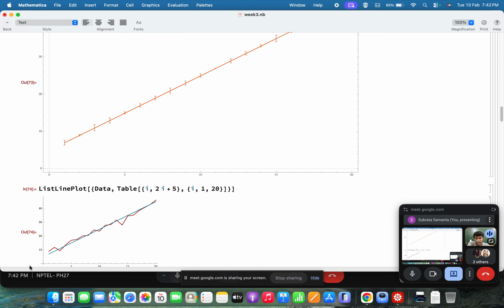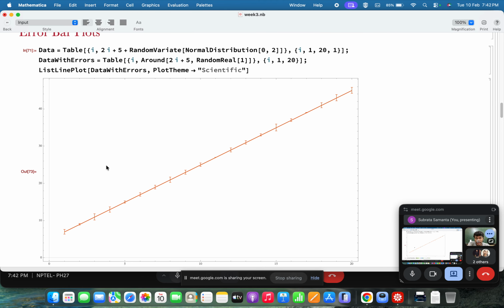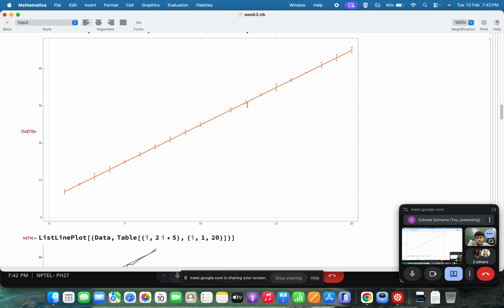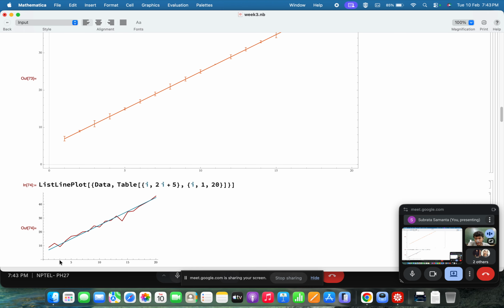So this is the data and this is 2x plus 5, and I calculate the error around this point, 2x plus 5, and then the error. You see the second point is again small. This is at 2 and this is 3. At point 3, again, you calculate the errors.